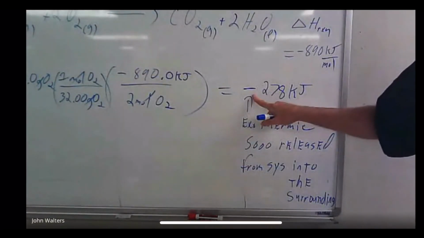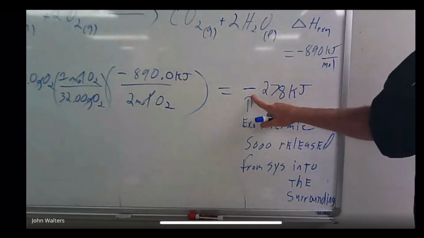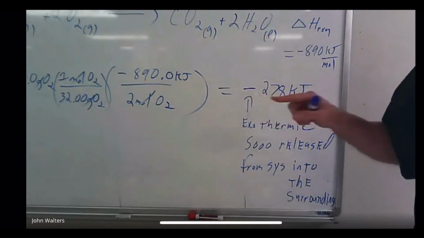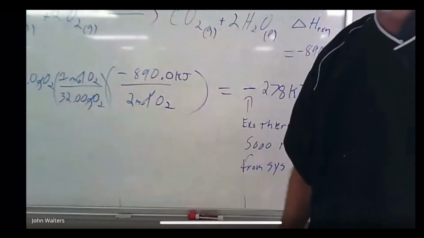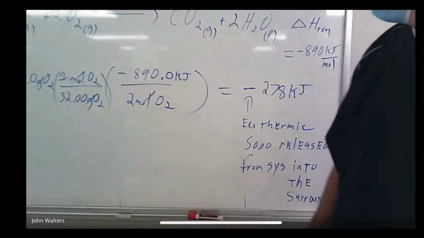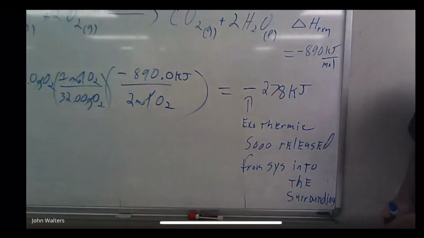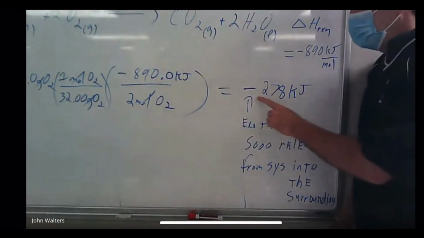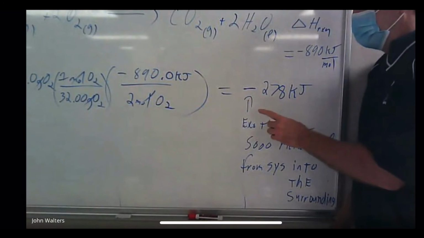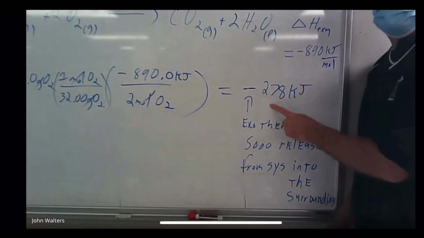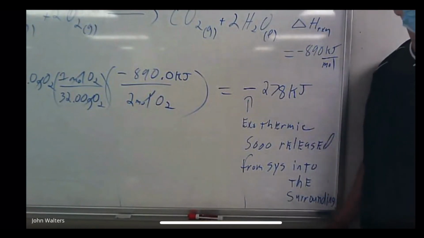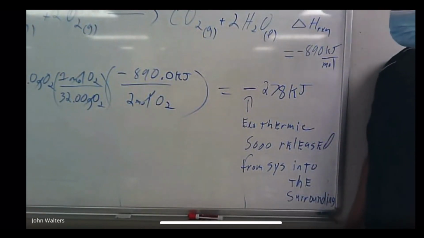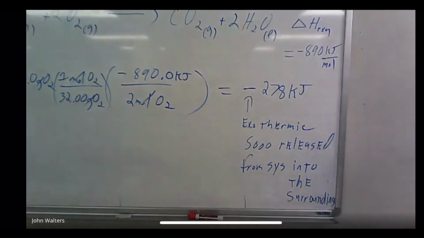It just tells you directional flow of energy from the system into the surroundings. If you get this question, it's actually useful to say this much energy is released by the system. Okay?